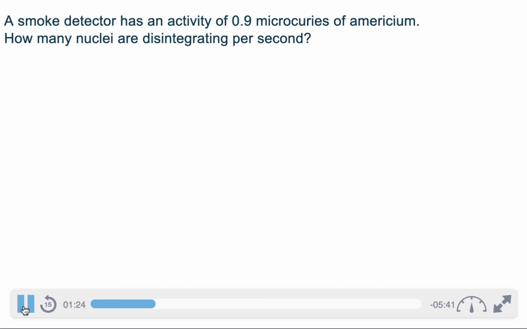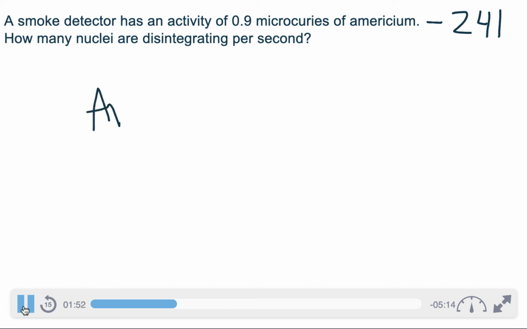This is a simple unit conversion, but we're just bringing in some new units like curies. Just for an interest point, let's start by looking at what reaction we're talking about. So the americium in smoke detectors is americium 241. That's something that if you needed to actually write out the reaction would be given to you, but I just want to show you what's happening here.